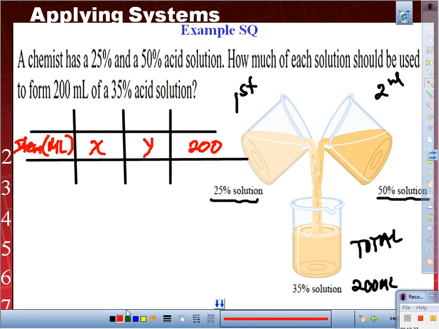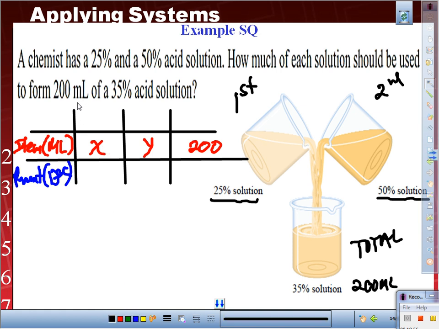Hands, have you got that for that row? That is correct. How about the second row? Percent, and that's in what? Decimal. All right, so before we write that in, what do I label this column?